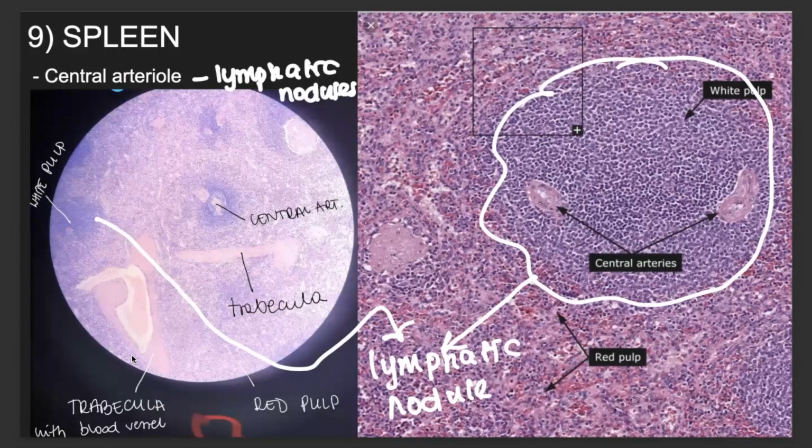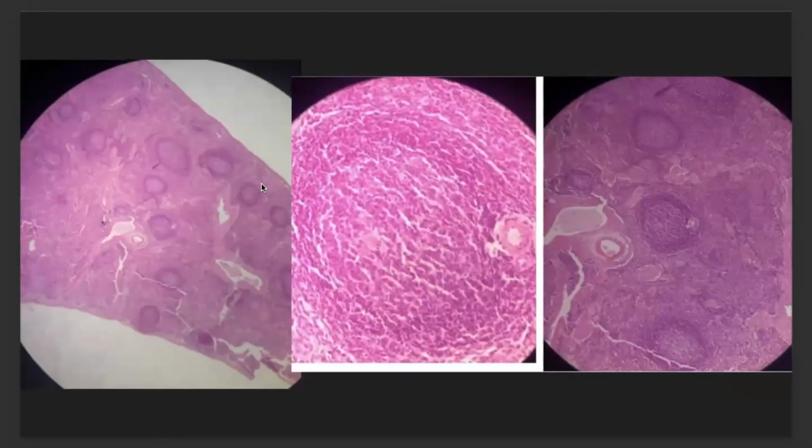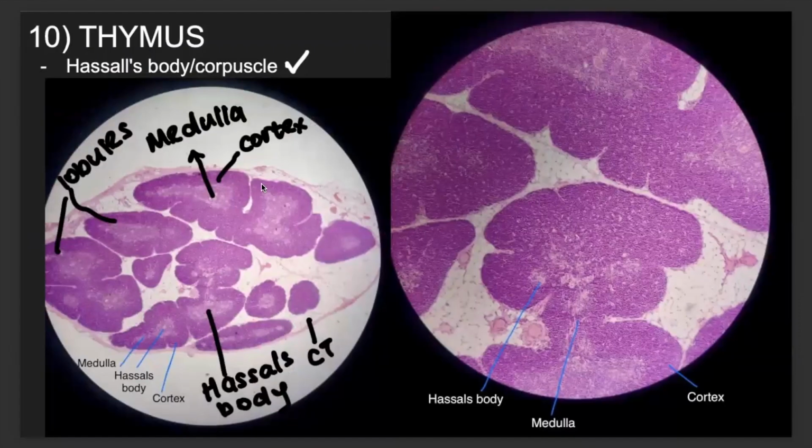Spleen, it's a lymphatic organ, so you just connect the presence of the lymphatic nodules present. All of this is still spleen. Thymus looks like that and has the Hassall's body inside of it.